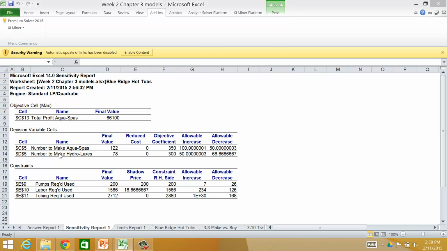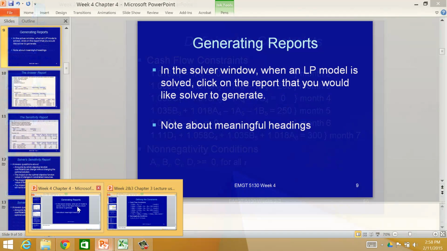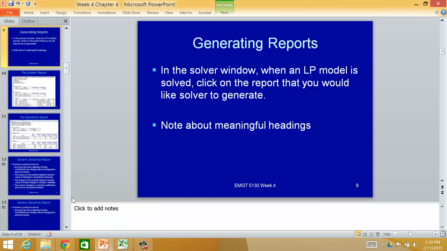It's not very meaningful. Okay, so that's just one point that I want to point out, especially for the homework assignment that's going to be due next week. Those problems, you need to first formulate the problem, maybe a business problem, and then you interpret the sensitivity analysis report by answering, say, if the labor resource increases that much, what does that mean?